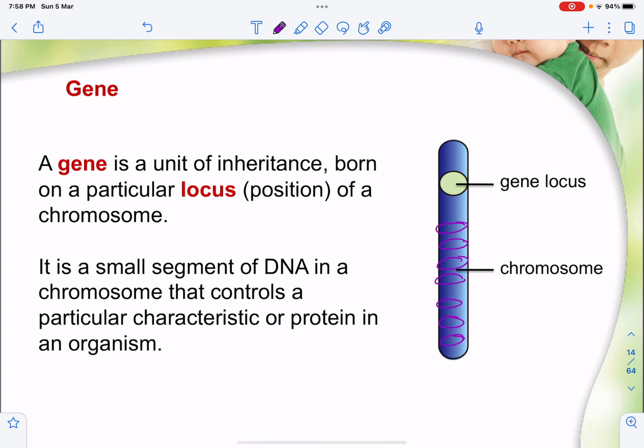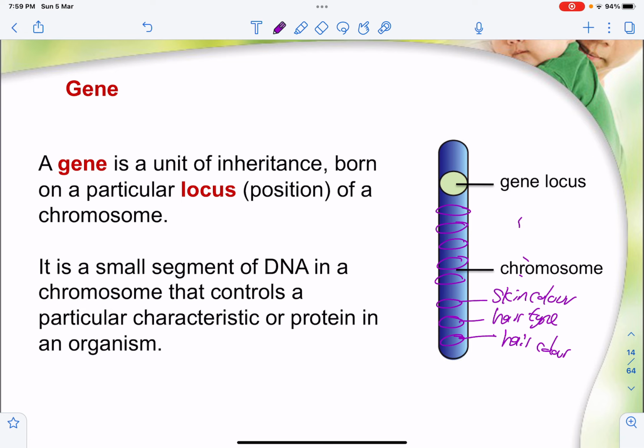But these genes can be coding for things like hair color, hair type, it can even be your skin color, etc. So in a typical chromosome, you can carry many different types of genes. Okay, so that's what they meant by a unit of inheritance, where we are talking about only one gene.